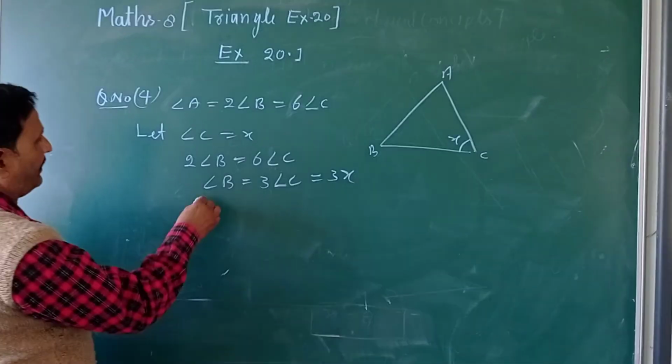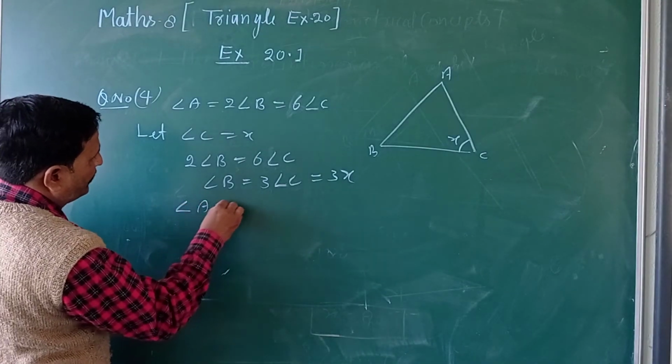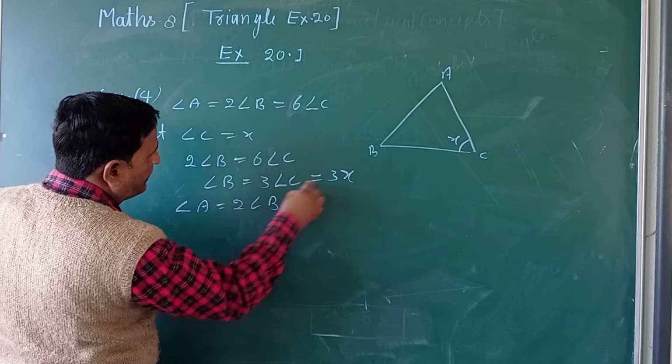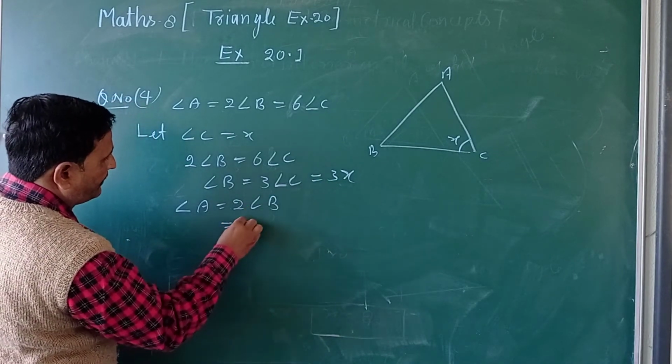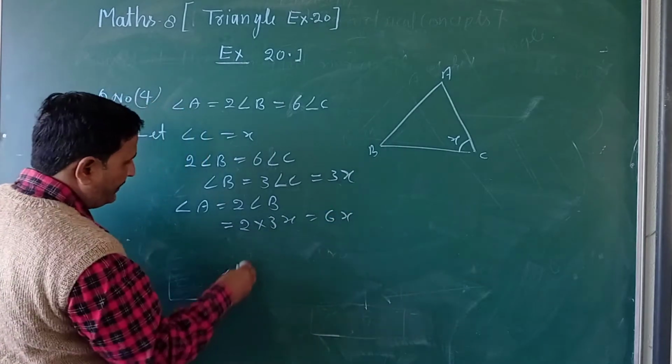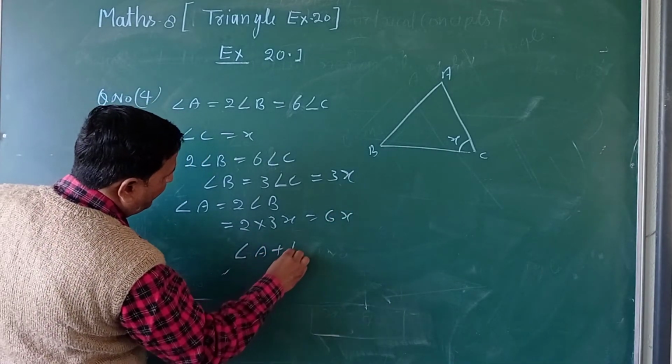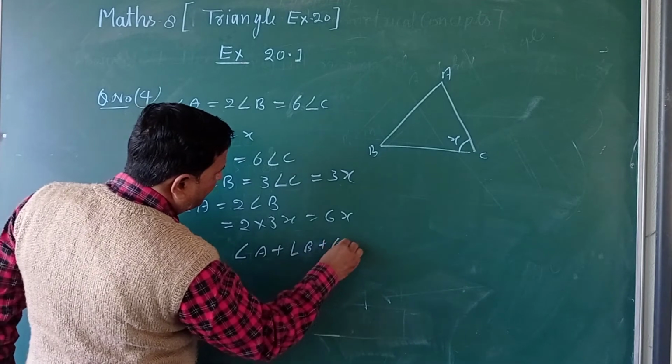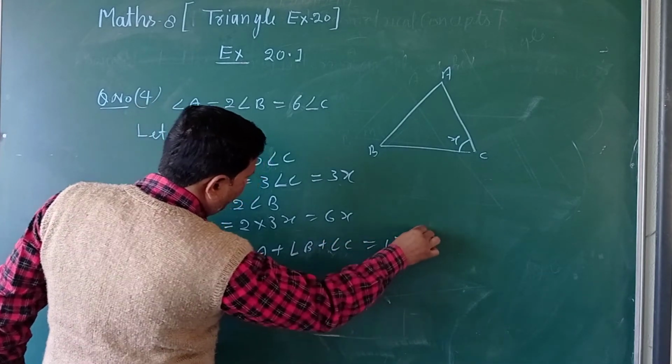Okay. Angle A is equal to 2B, B is equal to 3x, so 2 into 3x is 6x. Now angle A plus angle B plus angle C is 180 degrees.